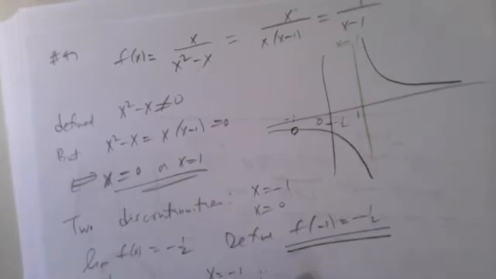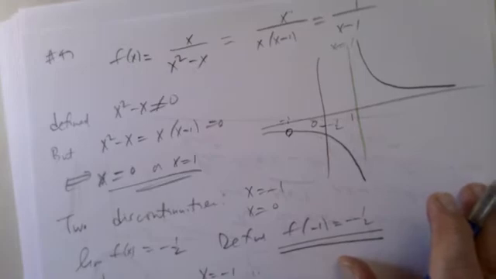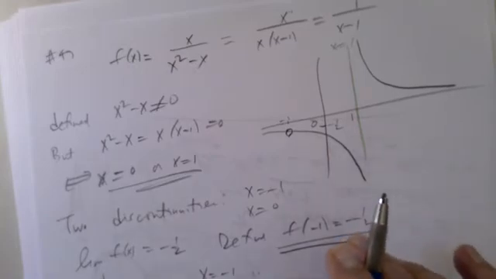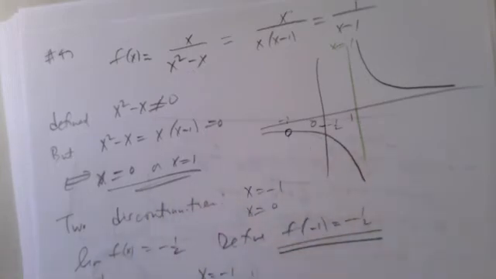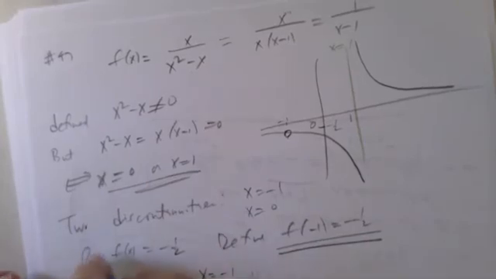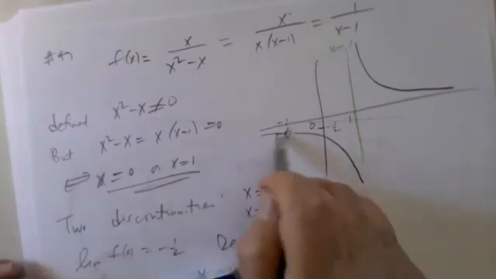Question, Professor. Why is the function not defined at -1? It's supposed to be 1, right? Sorry, at x equal +1. Right. Sorry. What I wrote here is correct. What I wrote here was wrong. So, thank you.